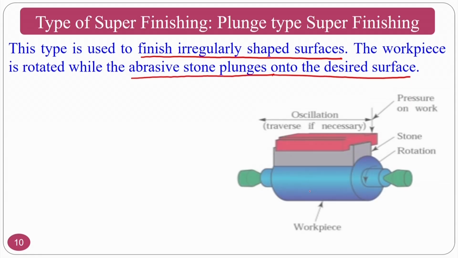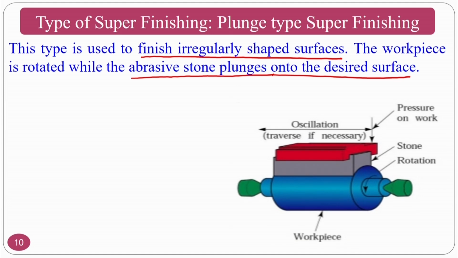If you see here in the picture, this is a workpiece which is rotated, and this is the abrasive stone which is plunging on the surface. Okay. At the same time, oscillatory motion or reciprocation with slight amplitude and high frequency will be given, and this is the pressure that is given.